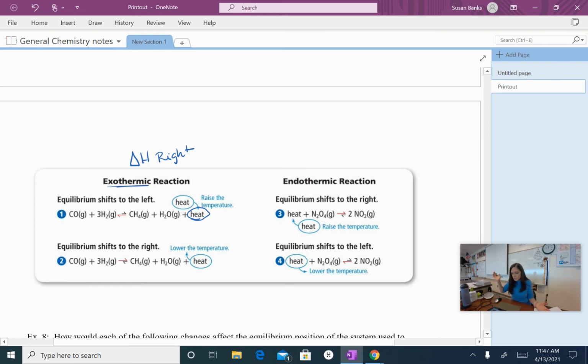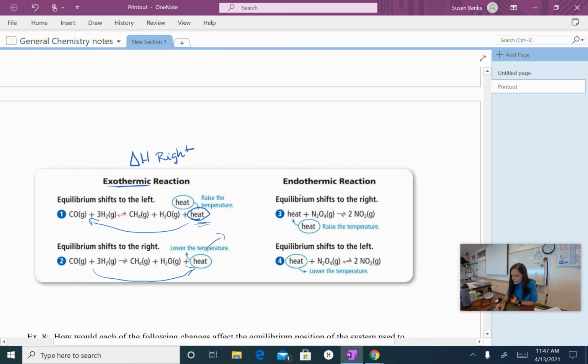So I need to shift left to make more reactants, right? If I add more here, I'm going to have to shift left to make more reactants to even that out again. But if I remove this heat, this makes this really light. So I'm going to have to shift right to make that even out again.